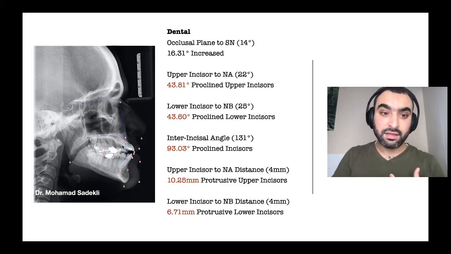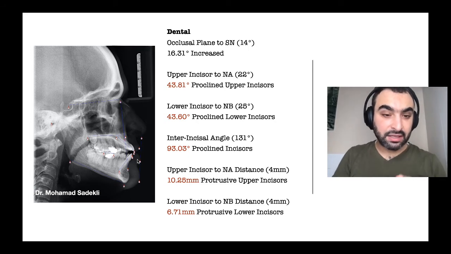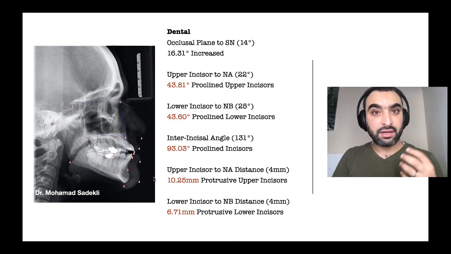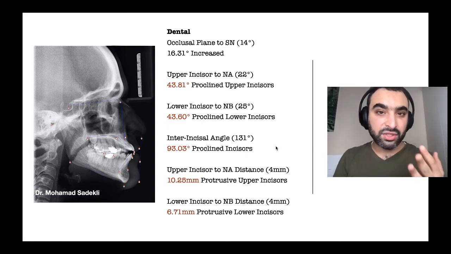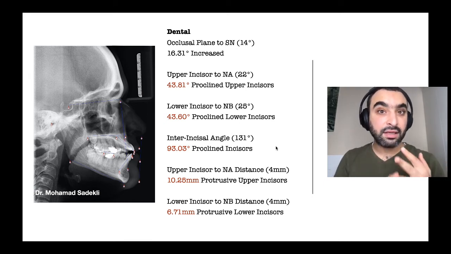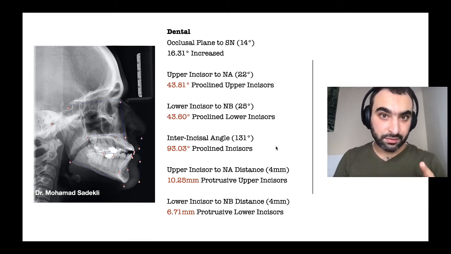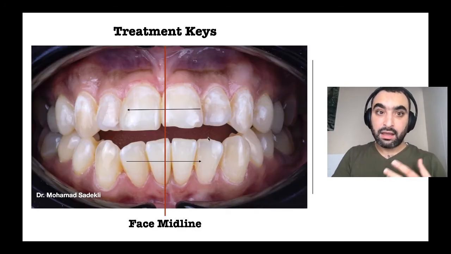So we have a clear biprotrusion case. Okay, but the patient has good closure of her lips, so the biprotrusion does not affect her profile. So the treatment case until now is almost class 1 skeletal, so we don't have skeletal problems, and we have biprotrusion in her anterior teeth.